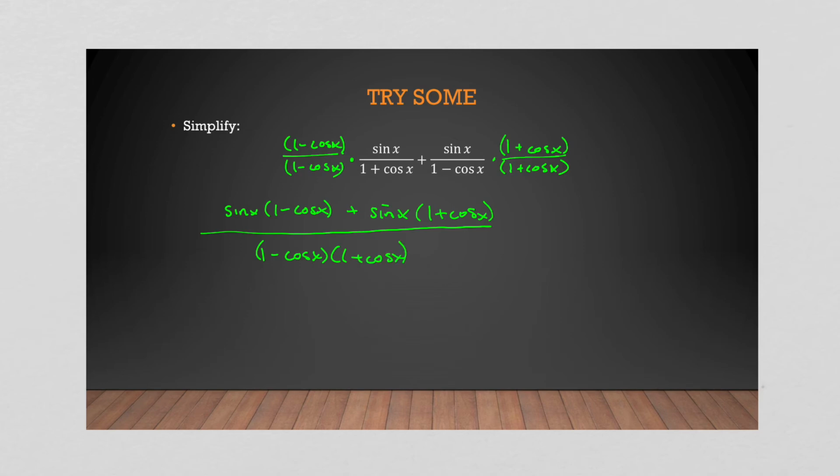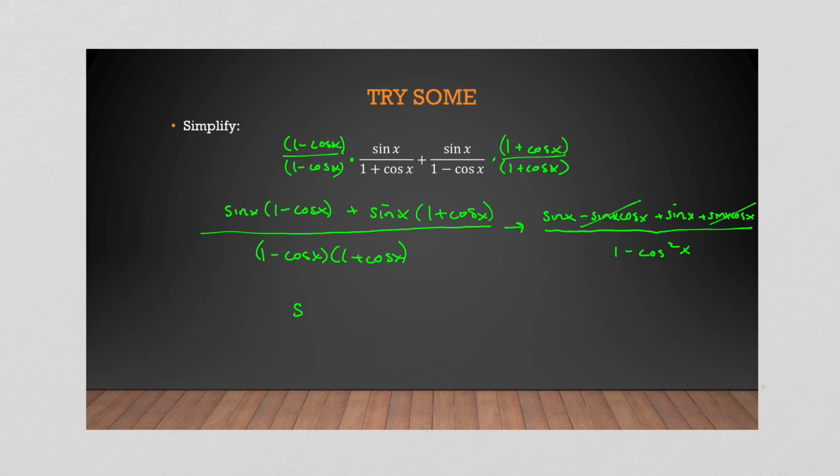Now, if we simplify this through, what do we have? Well, we have sine x minus sine x cos x, and then plus sine x plus sine x cos x. I'm running out of room here. And then on the bottom, we end up with 1 minus cos squared x. Now you'll notice this negative sine x cos x cancels with the sine x cos x.